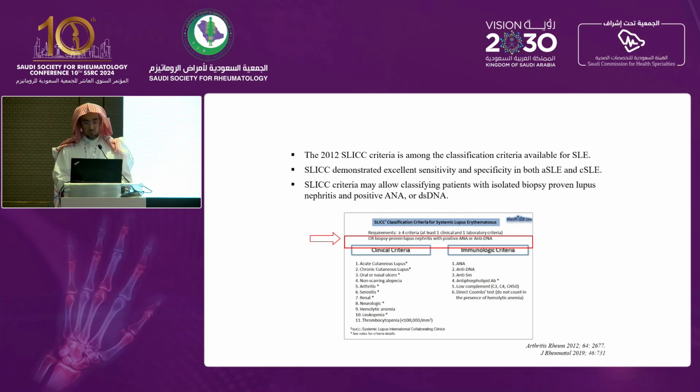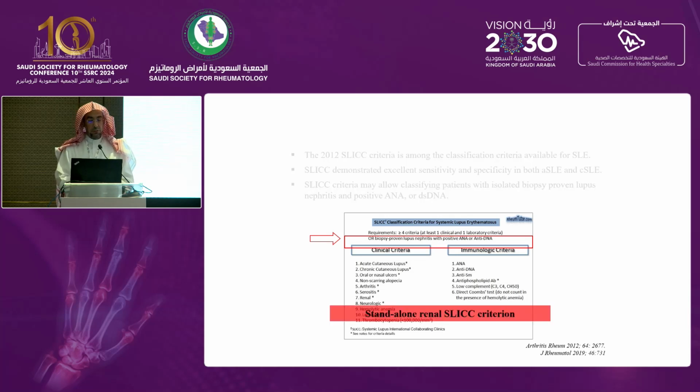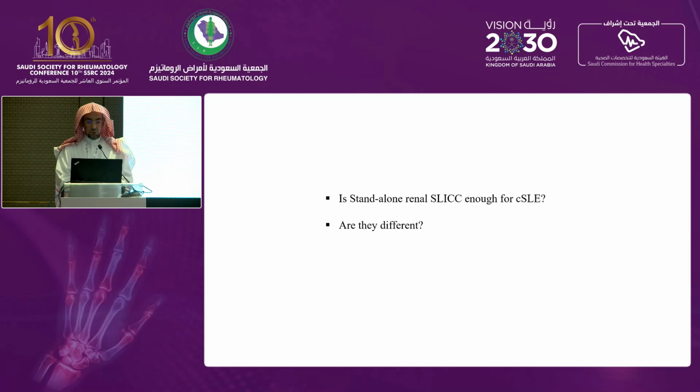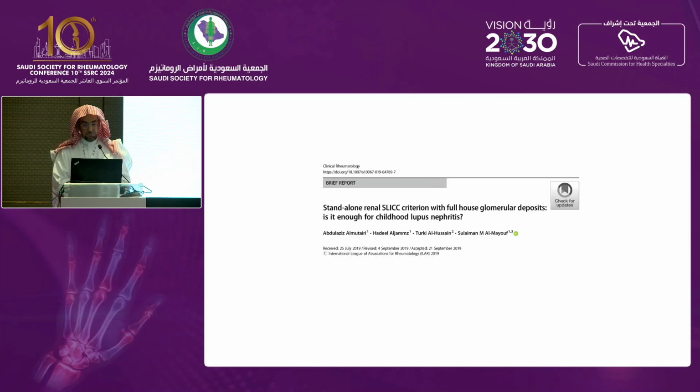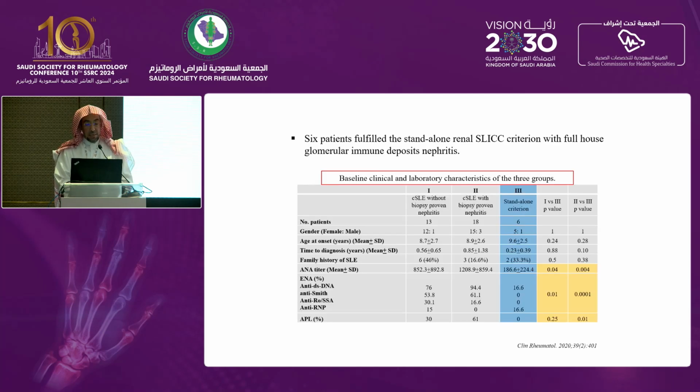If you compare it with other SLE patients without biopsy-proven nephritis or with biopsy-proven nephritis, they are different in terms of the ANA titer, which is lower than the other cases, and also the other autoantibodies, which are typically negative, and even the complement was normal compared to the usual lupus patient.